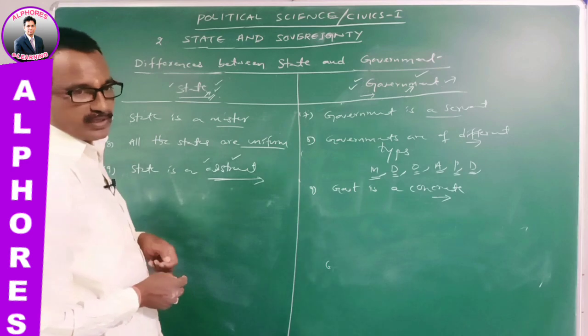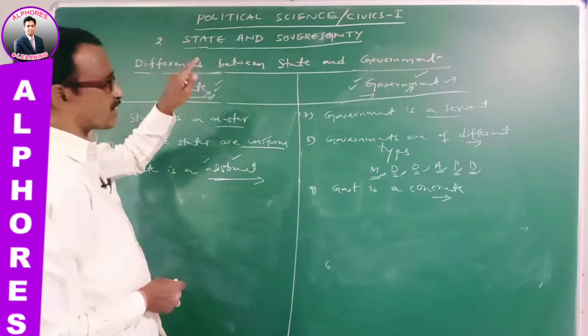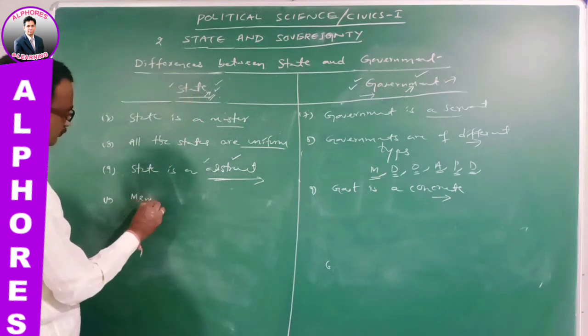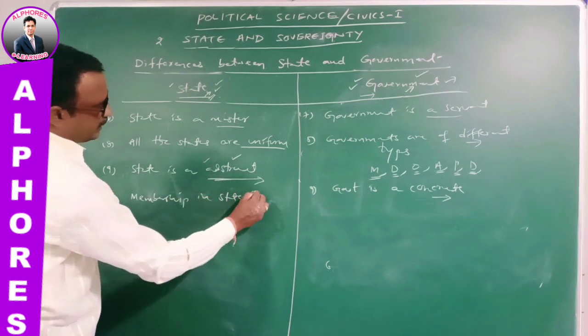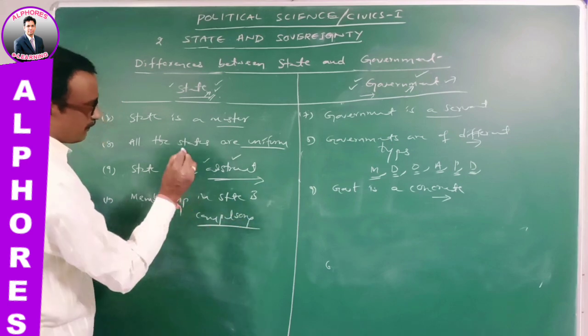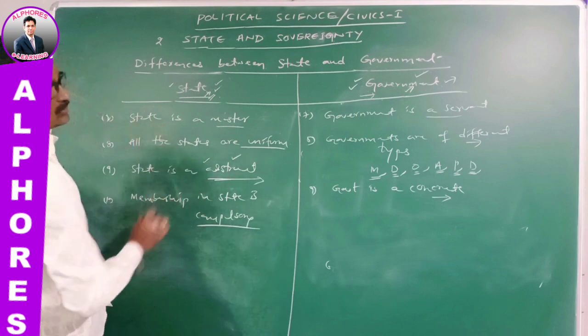Next, one more thing is membership of the state. The membership of individuals in the state is compulsory. That is compulsory membership. Membership in state is compulsory. So every member must have the membership in the state.